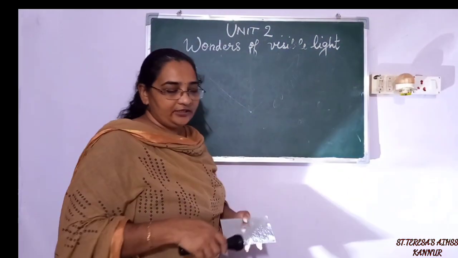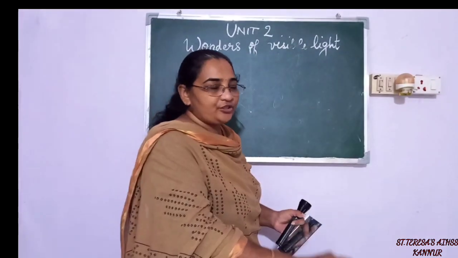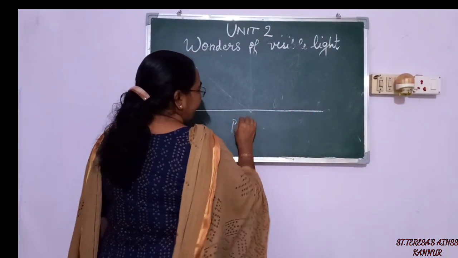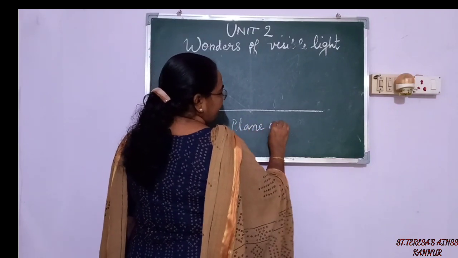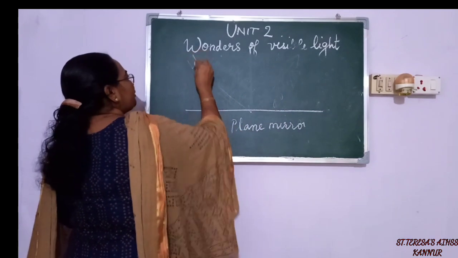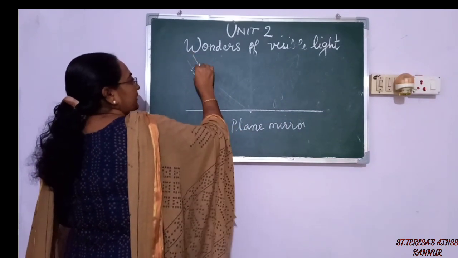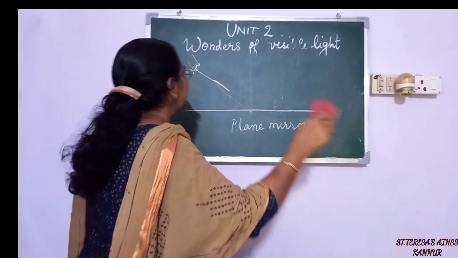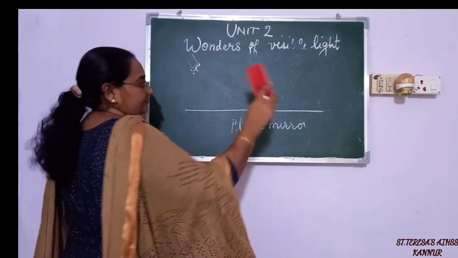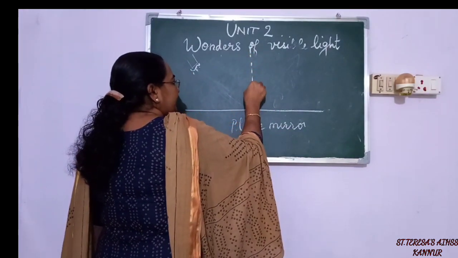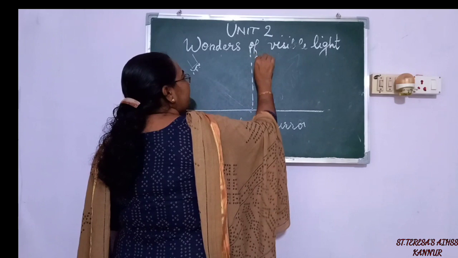So this has got a particular name. I am going to draw the mirror on the board here. So this is the plane mirror. Okay. So from this torch, a ray of light. Here I will draw a line in the center. This line is called the normal.